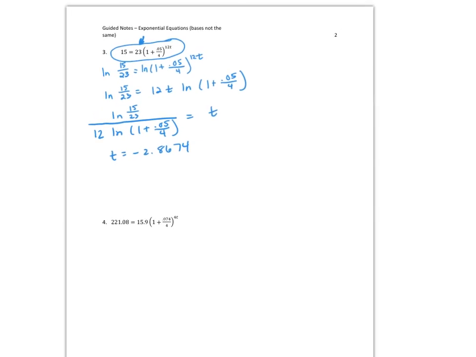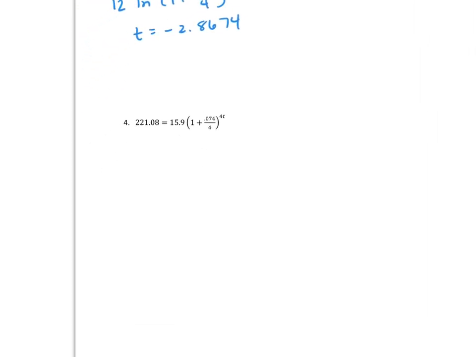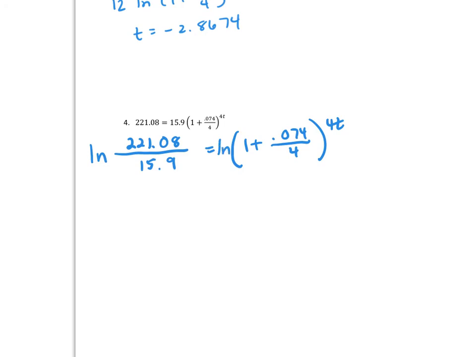All right, the last one, what do you do first? Why don't you stop the video and see if you can work it? This is 221.08 divided by 15.9 equals 1 plus 0.074 divided by 4 raised to the 4t. Okay, what I'm going to do is ln both sides.